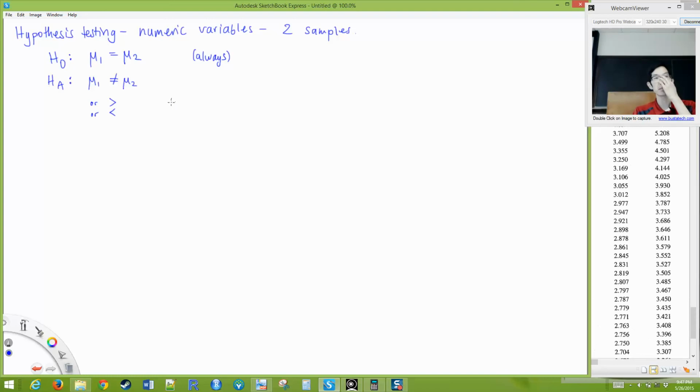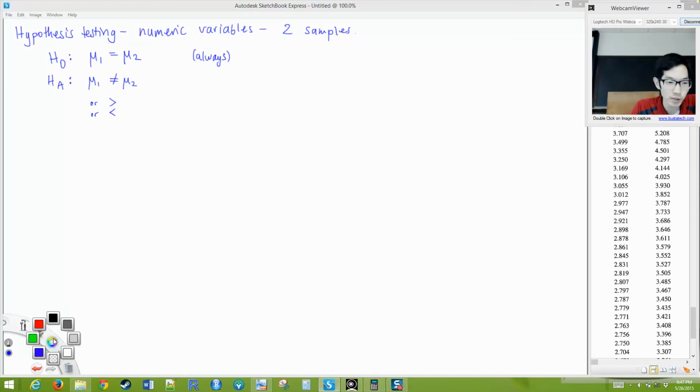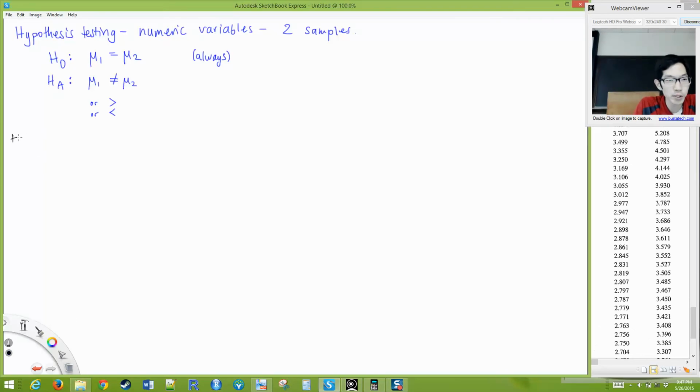Okay, so what do we need? We need the standard error, the test statistic, and then we figure out our p-value, and then we make the decision.